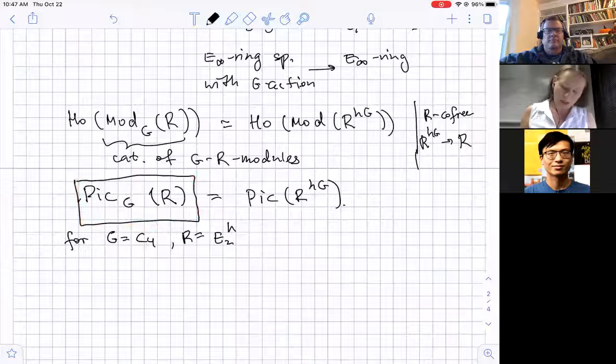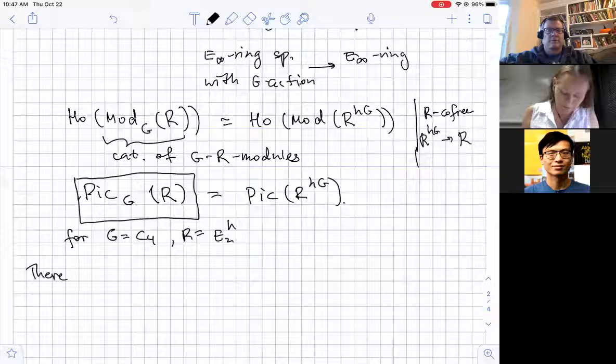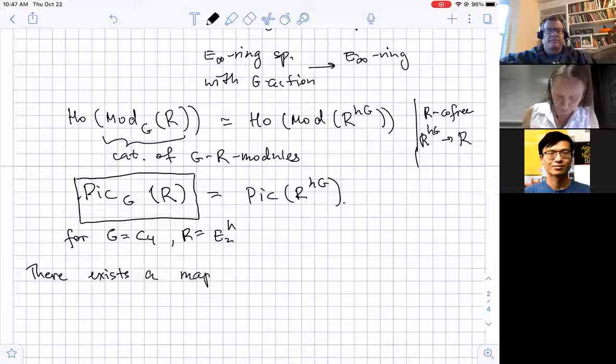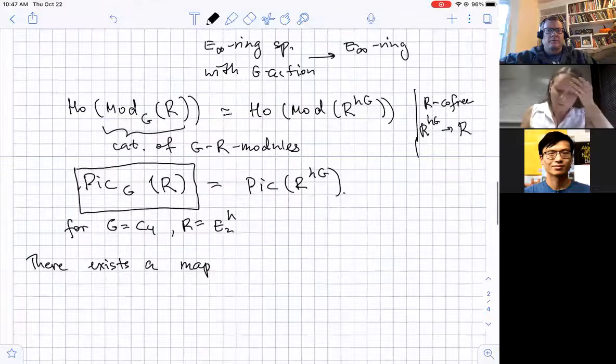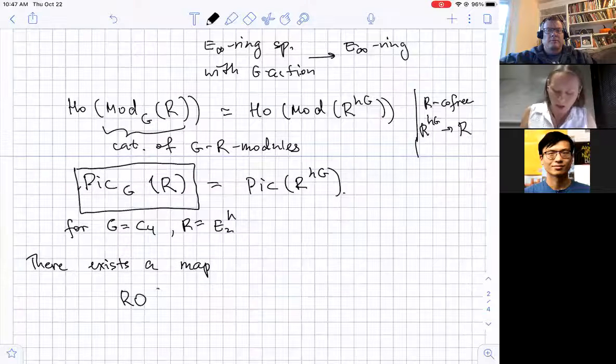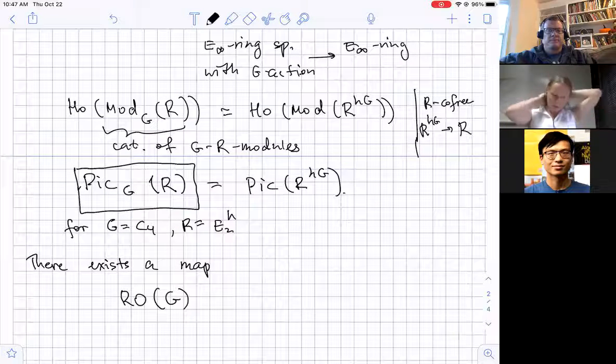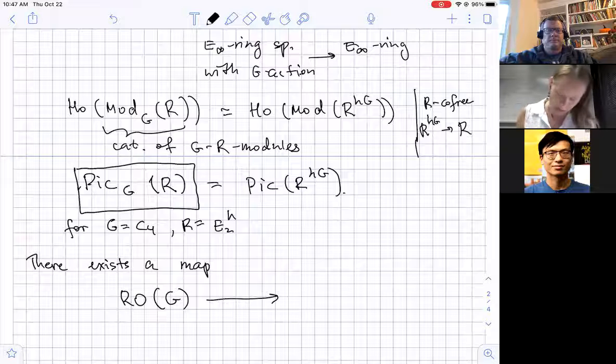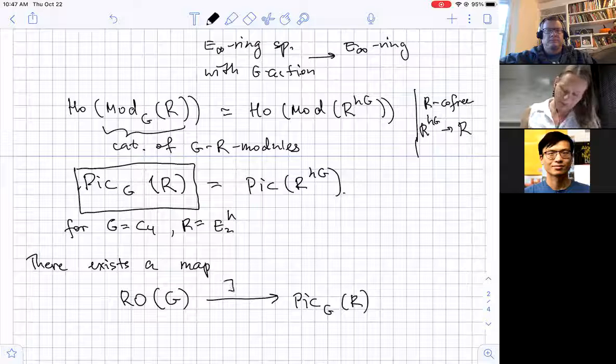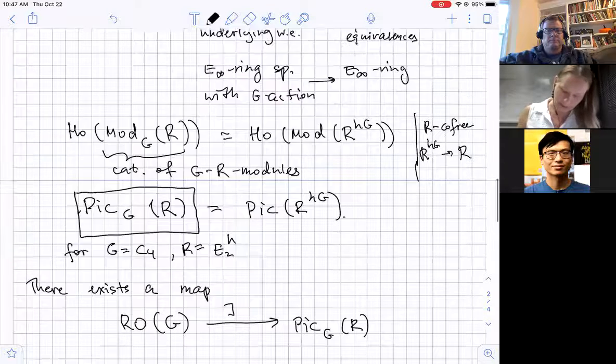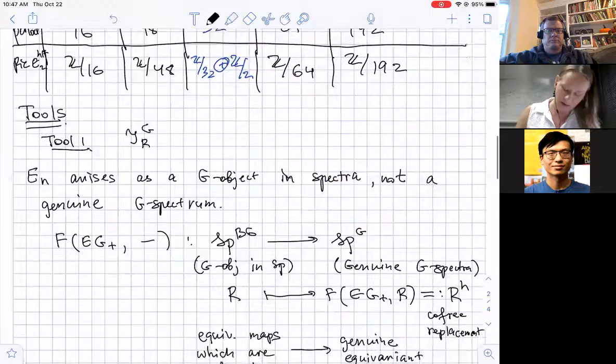Well, let's study that. There exists a map from the ring of G representations into this big GR, which is that map that I advertised up here, JRG.